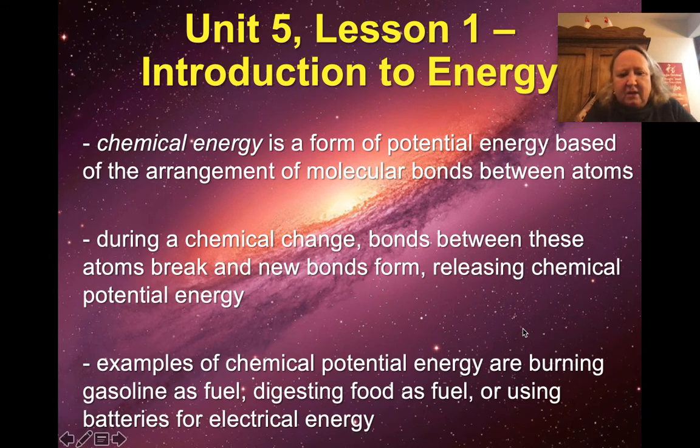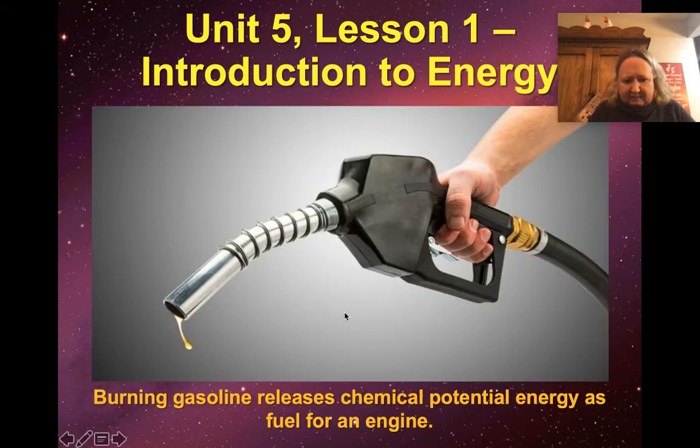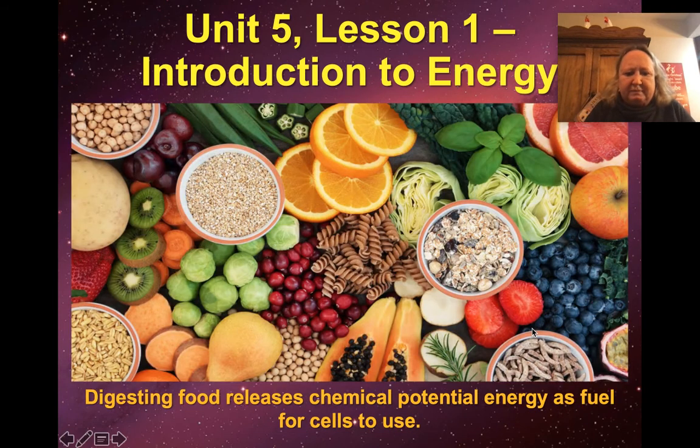All right. So, chemical change examples: burning gasoline as fuel, digesting food, that's a biggie, using batteries. Those are all chemical changes, which are chemical potential energy. So, when you're with your parents or brother or sister, grandma, grandpa, whoever, you have to put gas in the car. When the gas is burned, that releases chemical potential energy, which then your engine can use to make your car go.